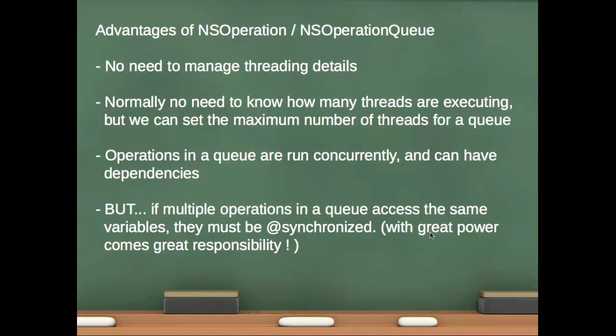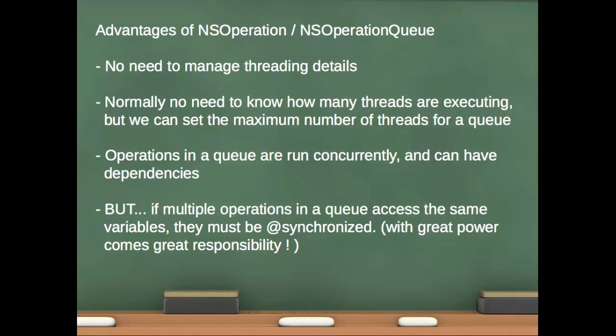So there are some advantages to using NSOperation and NSOperationQueue, and the advantages typically outweigh the disadvantages unless we really need the lower level Grand Central Dispatch API. First of all, with operations and operation queues, there is no need to manage threading details. We don't even have to know threads are happening because the operation queue is going to manage those threads for us.